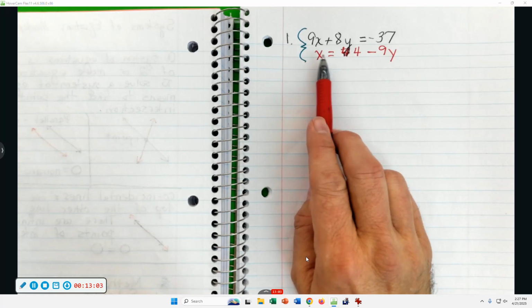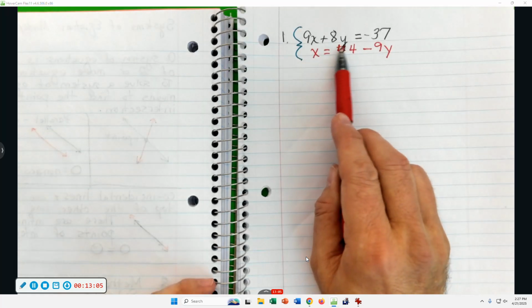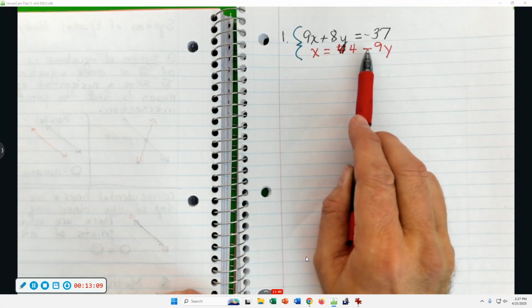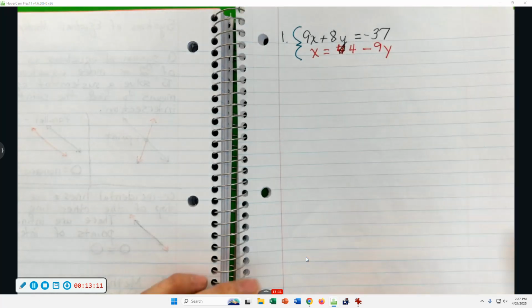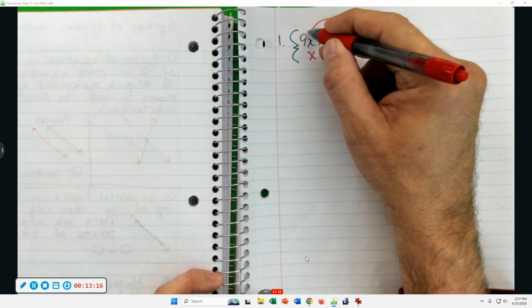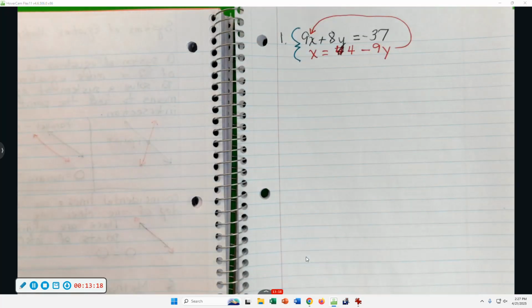I have x equals 4 minus 9y. Let's plug that into the other equation. It's going to look a little messy, but the reason we're doing this is we're trying to get just one equation out of both of these.